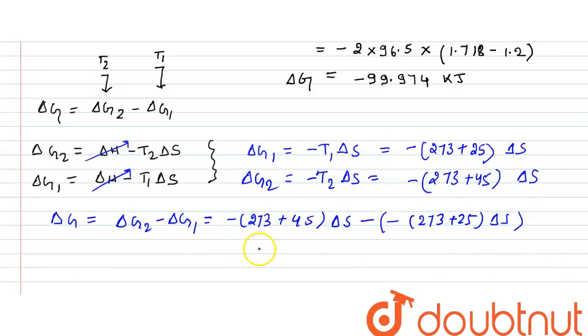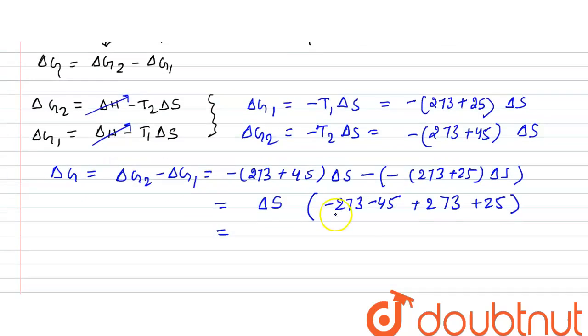So from this equation, if you take delta S common, you will get minus of 273 plus 45 minus 273 minus 25. Here you can see this 273 and this 273 are gone. Now finally you can write down minus 45 plus 25, so this will be minus 20 delta S, right?